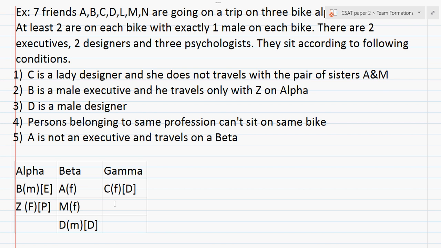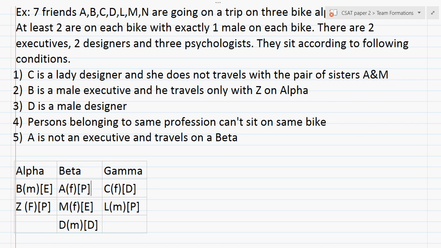What is left is L, which means L again has to be a male and his profession is psychologist, right? Now A is not an executive, which means the only person who can be executive is M, and A has to be a psychologist. This way we have deciphered the entire problem, and whatever questions are asked, we can easily solve now.